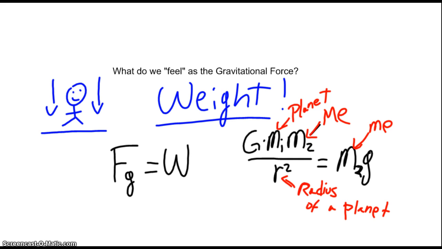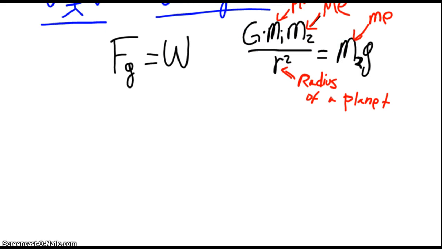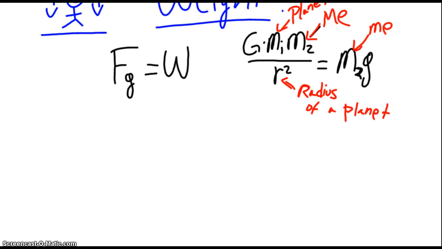Now I want to work with that equation, and I want to solve for g, the gravity of a planet. So I'm going to go down here to the bottom and work in green ink, and if I put my g on the left hand side now, you'll notice that the m2's are in the numerator on both sides. So it doesn't matter what the mass of me is or what the mass of the person is. The mass is irrelevant actually.